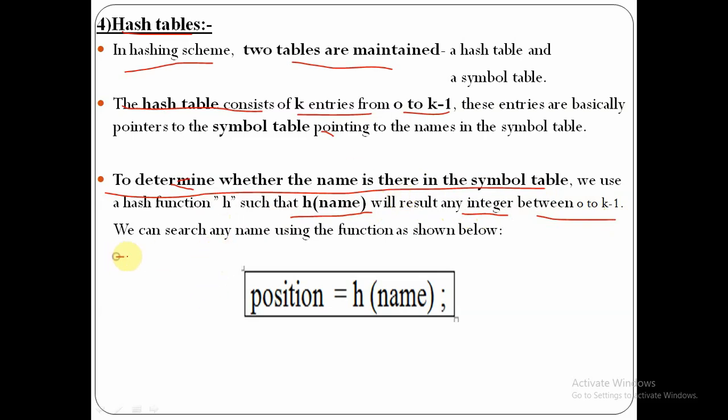So we can search any name using the hash function as shown below. Position is equal to h of name. H is the hash function, name is the identifier that we want to search. That gives the position exactly where in the table this symbol can be found.